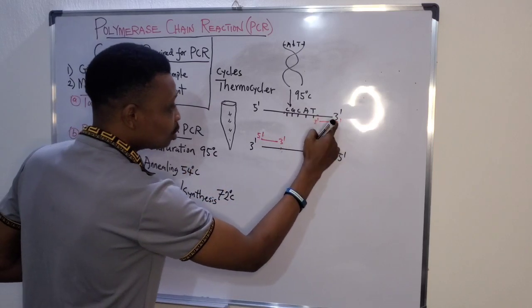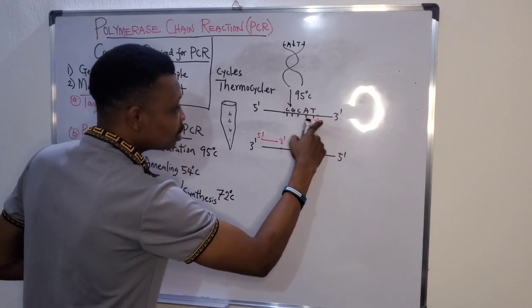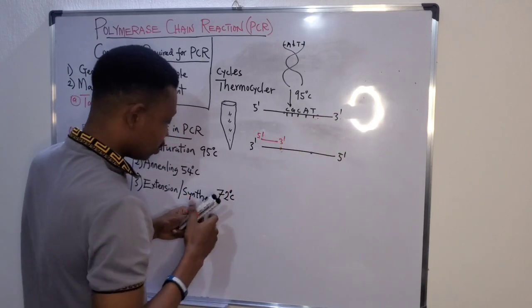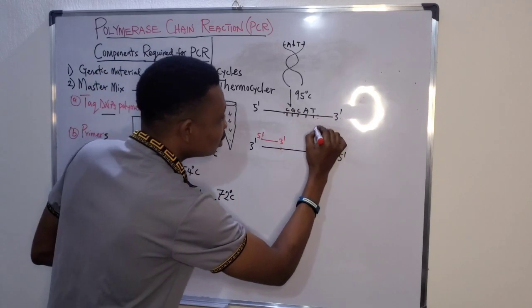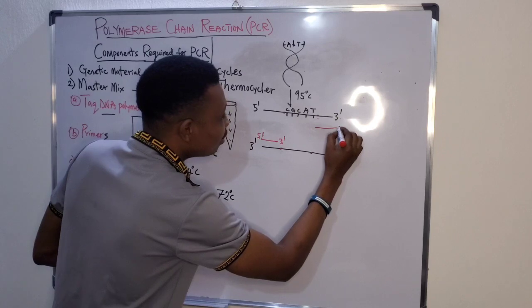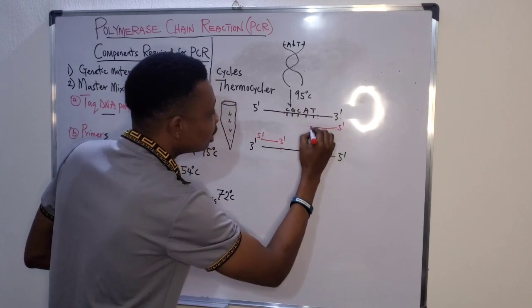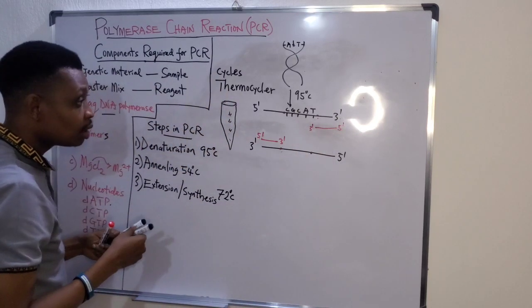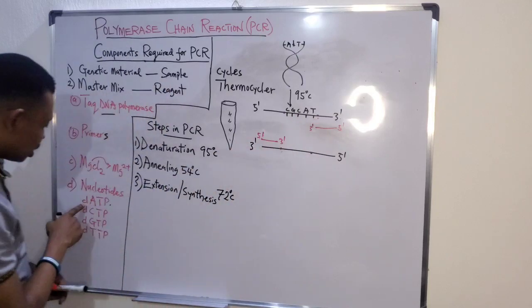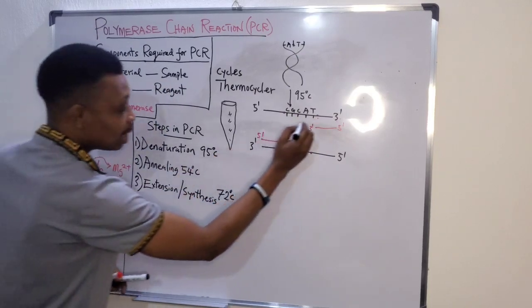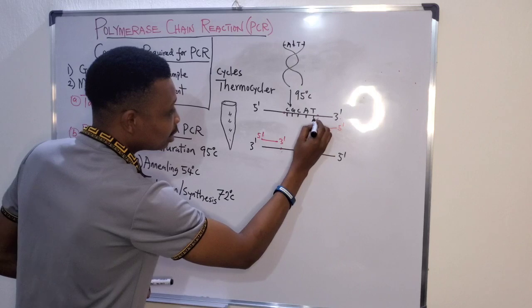So this will now be what? So let's give a space. Let's say this is 5 prime and 3 prime. Okay, so it will now pick this nucleotide, and then this will be what? Adenine.